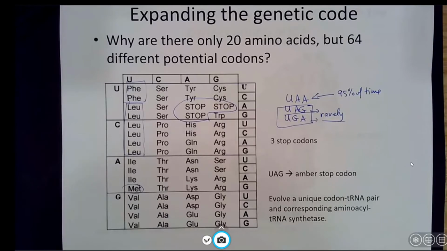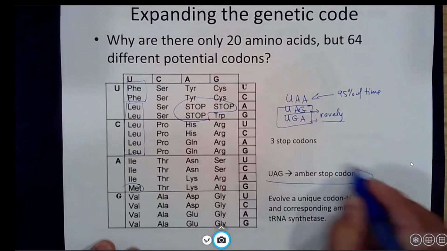However, if we are trying to expand the genetic code, or expand the types of amino acids available to a protein, then we need to look at this chart and ask where we could add a 21st amino acid. UAA is used 95% of the time, but UAG is rarely used. This is called the amber stop codon.